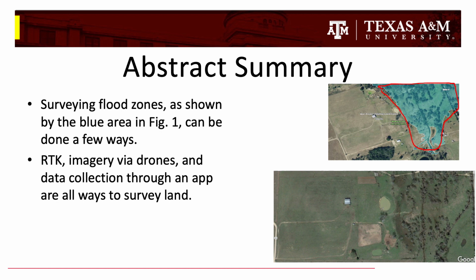And the data collection on the ArcGIS collector is simply not accurate enough in that far of an area. So this is the area without the FEMA flood map, and we wanted to basically just compare them.